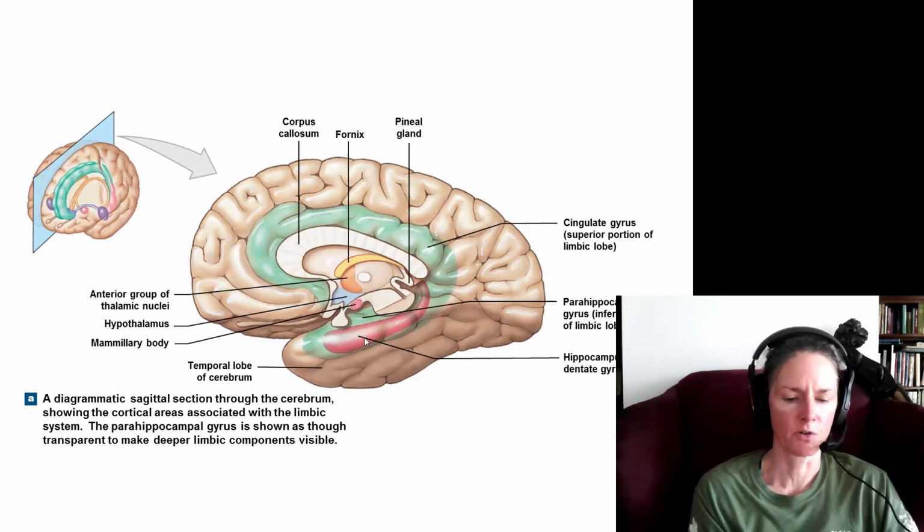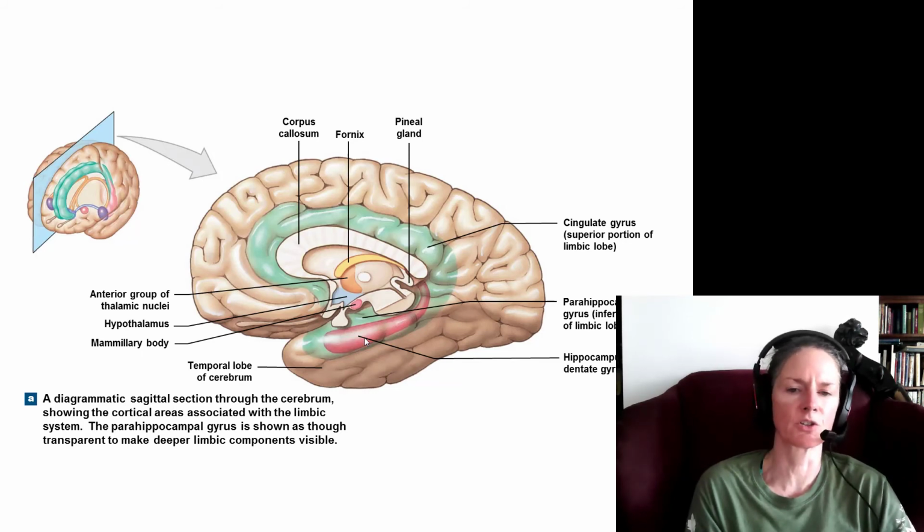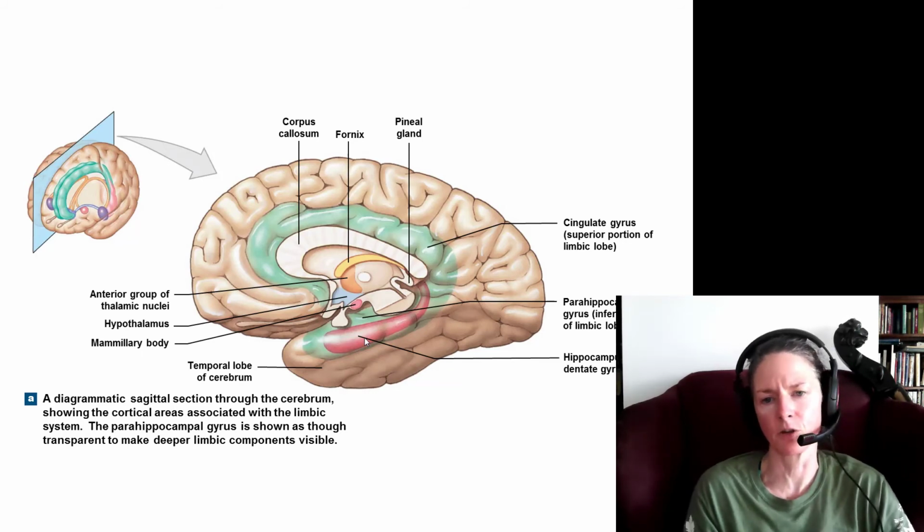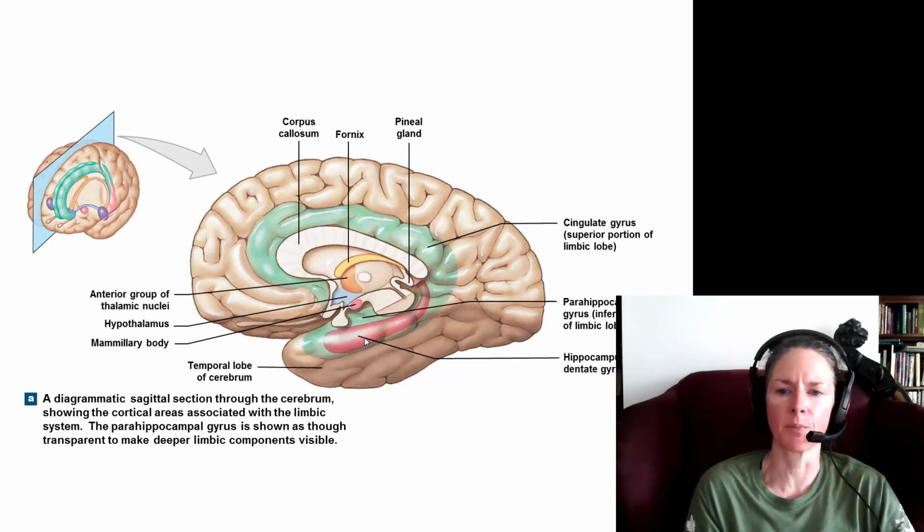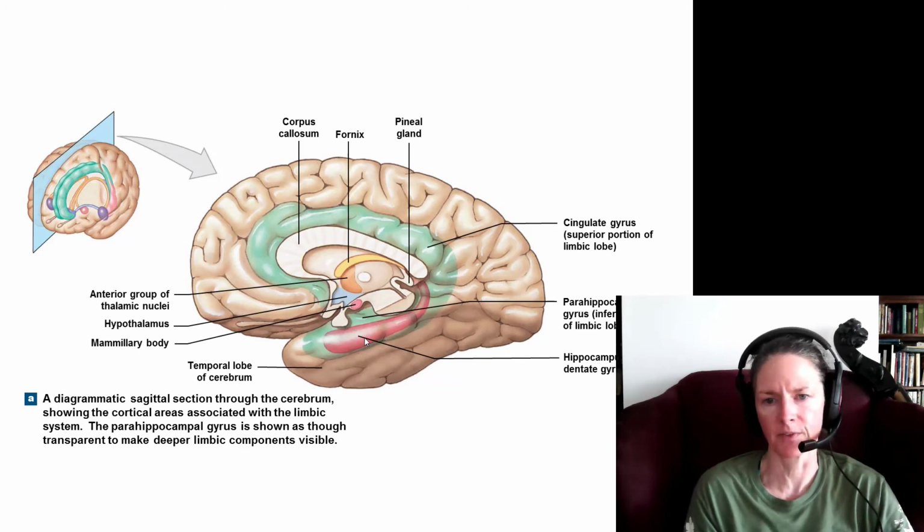So certain cells within the hippocampus will come to represent certain areas within the maze. And there have been quite a bunch of interesting research studies done both on animals and on humans examining the role of the hippocampus in spatial navigation.